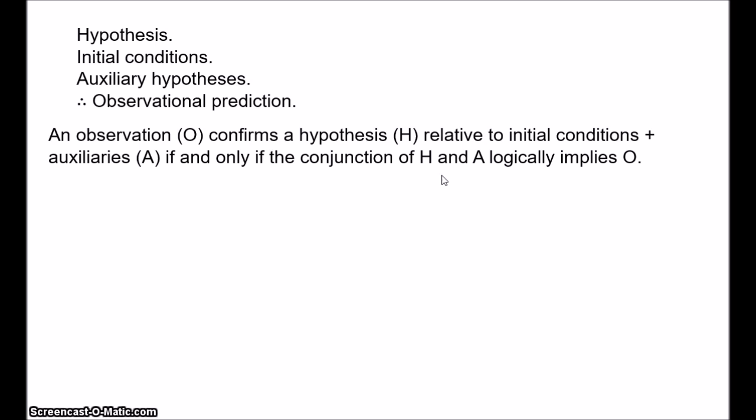The thought is, an observation confirms a hypothesis just in case the conjunction of the hypothesis with the initial conditions and auxiliaries allows us to deductively derive the observation. This is known as hypothetico-deductive confirmation, or HD confirmation.